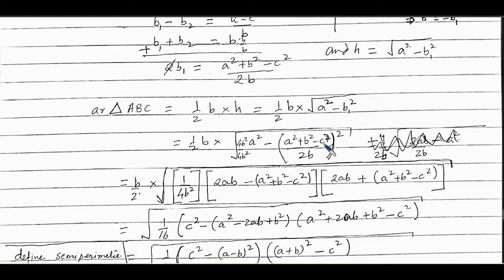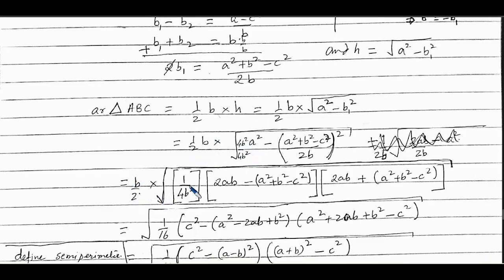And now this b1, I write here half b, and h is nothing but a square minus this b1 square. This b1 is given here. And since this is 2b square, I have made it equal. So I have multiplied and divided by 4b square. So I have this half b by 2 here.